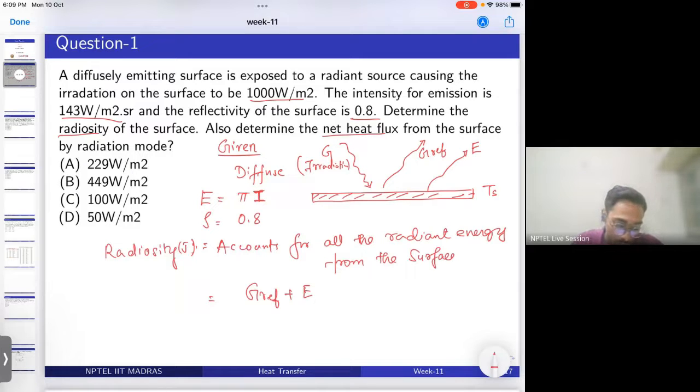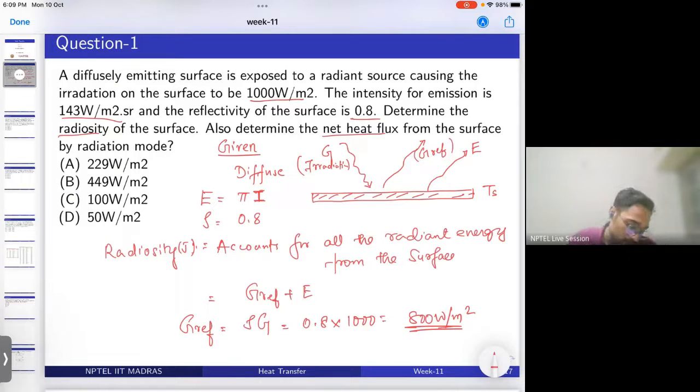So part of the incident radiation is reflected, that is G reflected, and also some amount of energy is emitted by the body itself by virtue of its temperature. G reflected is equal to rho times G, that is reflectivity 0.8 times G, that is 1000. So that is 800 watts per meter square.